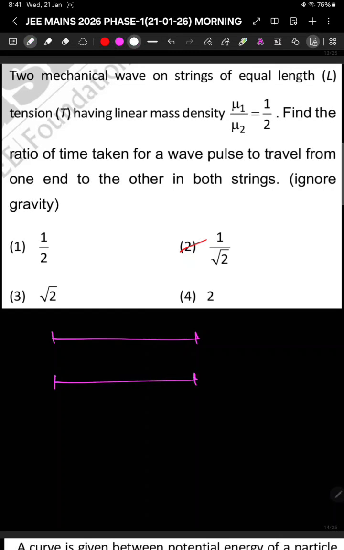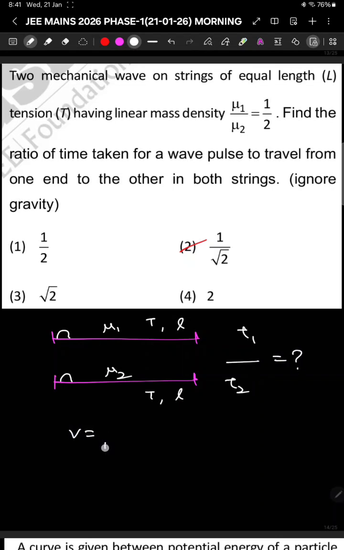Both have the same length and the same tension, but the linear density of the first is mu1 and of the second is mu2. Here we have a wave pulse. The time taken from left to right in the first string is t1 and for the second string is t2. You are asked to find the t1 by t2 value.